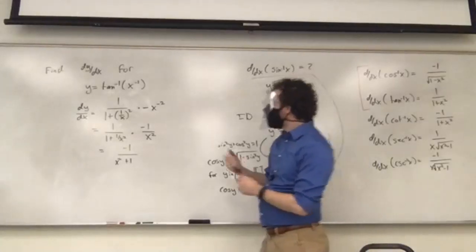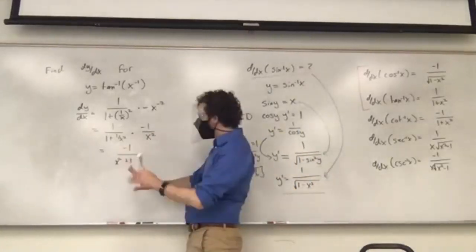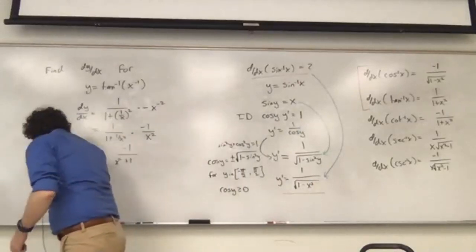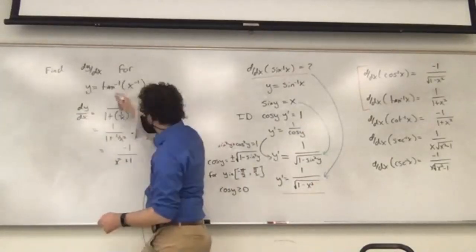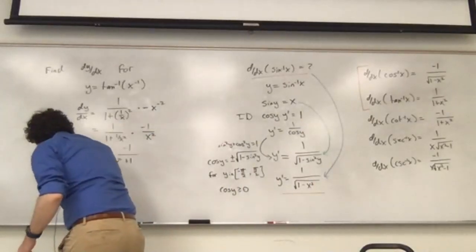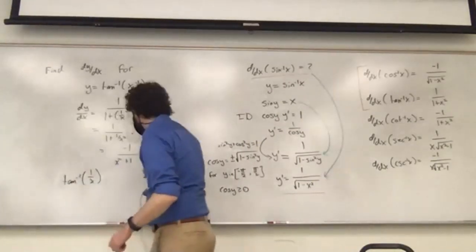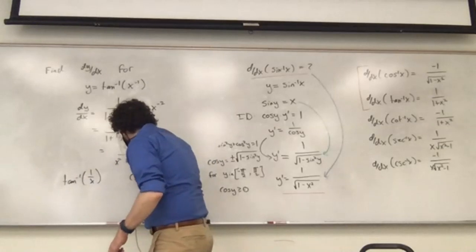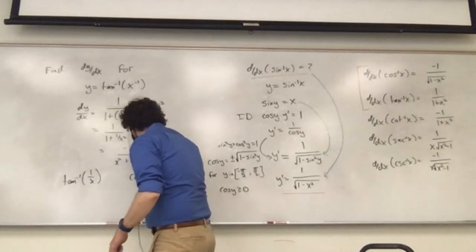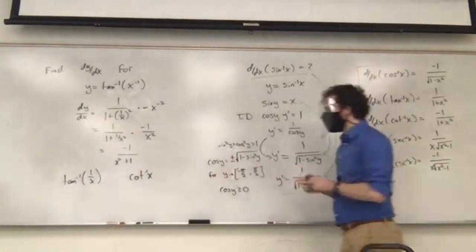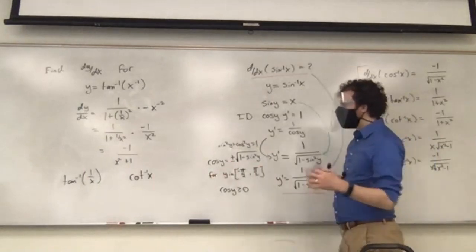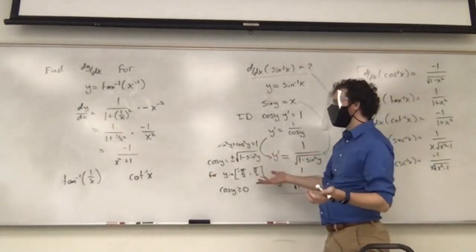So what we can see here is that these two functions I'm going to write down, the one we have here is tangent inverse of 1 over x and cotangent inverse of just x. These two functions have the same derivative.